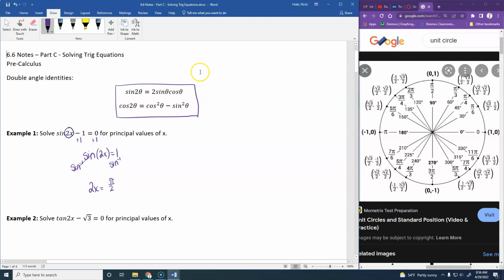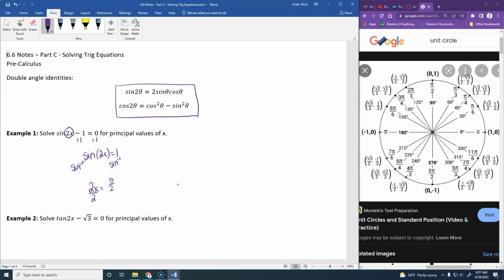And it only tells us to look at principal values. I'll talk about in a minute what we need to do there, but I'm going to just stop right here for right now. So instead of getting that x equals pi over 2, I'm going to get that 2x equals pi over 2.